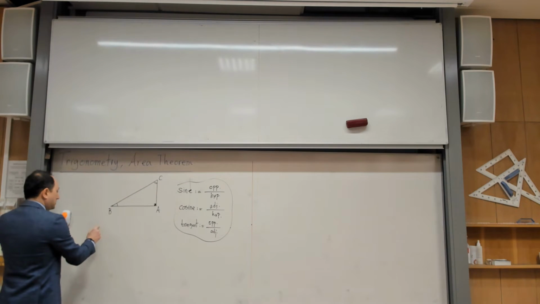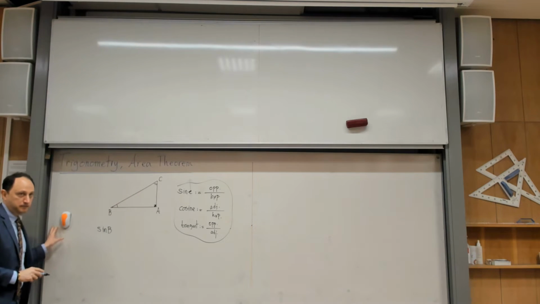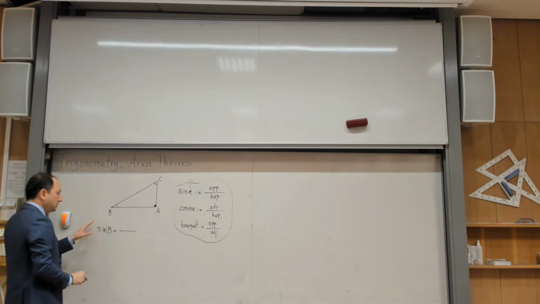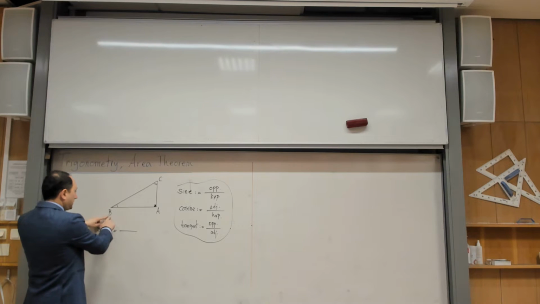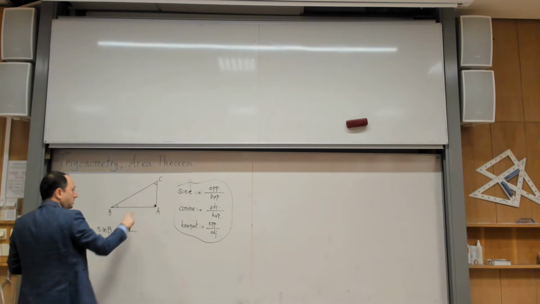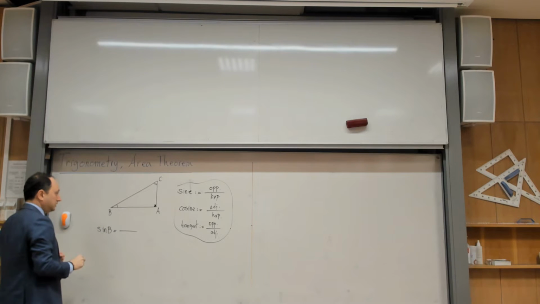Okay, so for example, in this setup, I can talk about sine of B. I can talk about sine of C, but I cannot talk about sine of A yet. Yes? By the way, it is completely conventional in mathematics that if you have a triangle and you name the vertices with capital letters, the opposite sides are denoted by the corresponding lowercase letters.